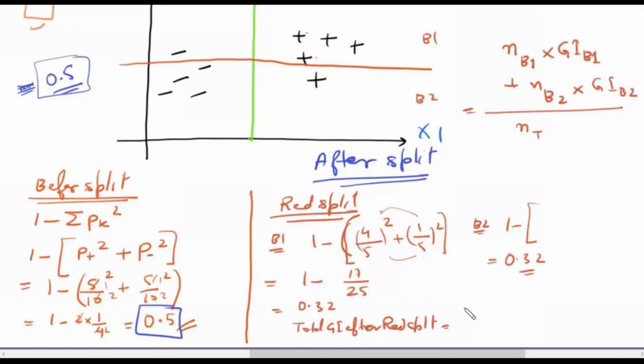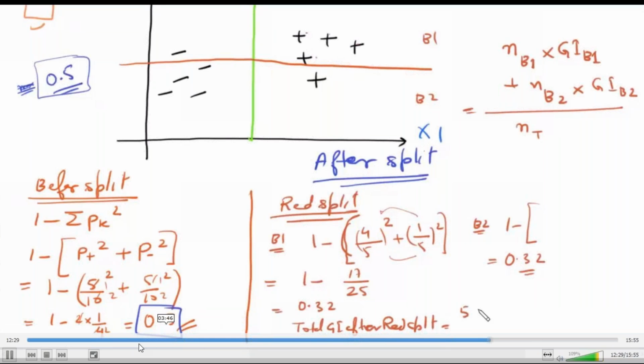Okay, so let's calculate this. What is the number of points in bucket 1? I have 5 points, so 5 into 0.32, and here as well I have 5 points, so again 5 into 0.32, divided by the total 10 points I have. So how much would this give me? Both have an equal number of points, so I would get the same answer, a Gini index of 0.32 after the red split.